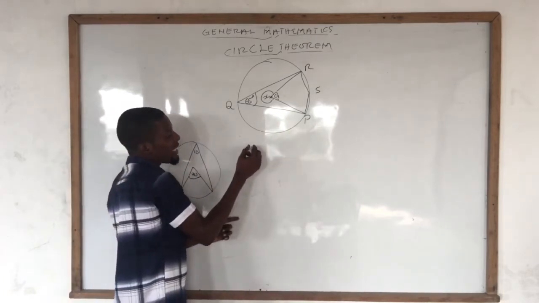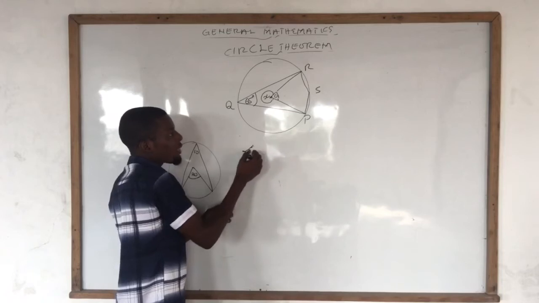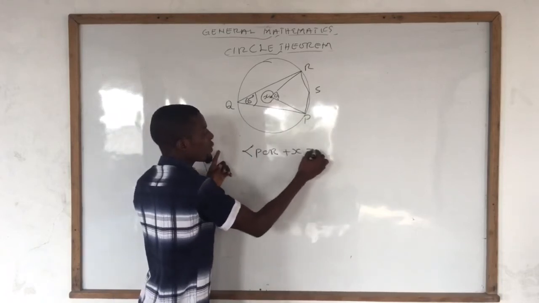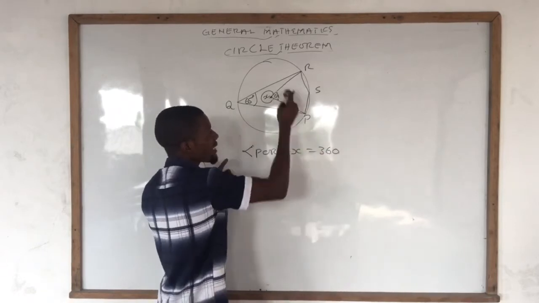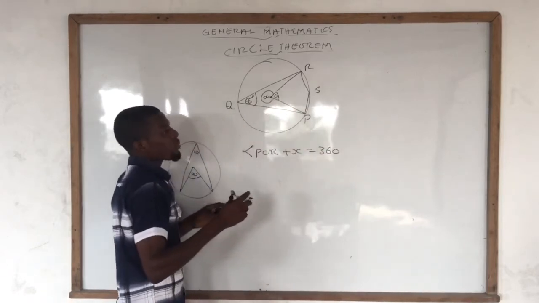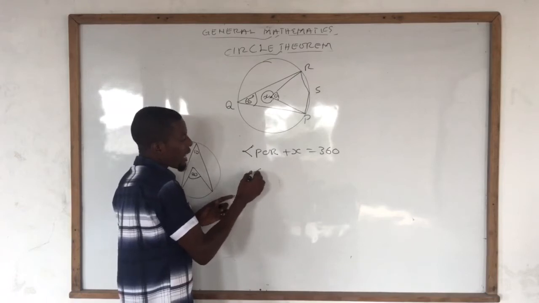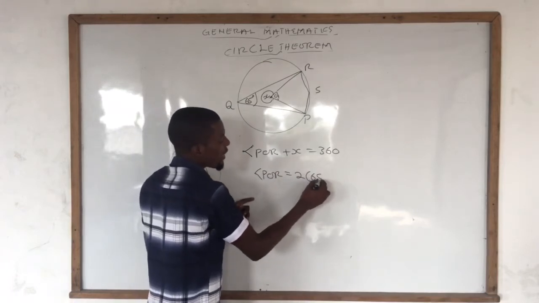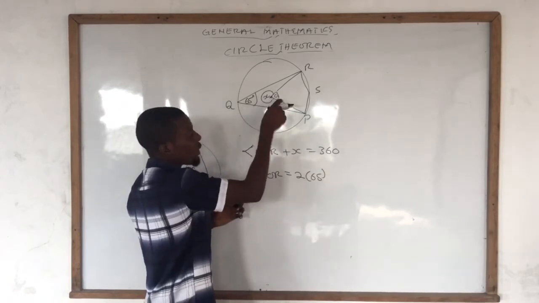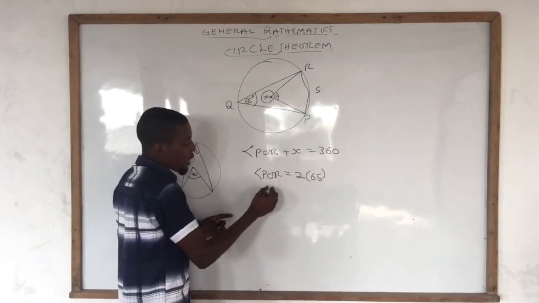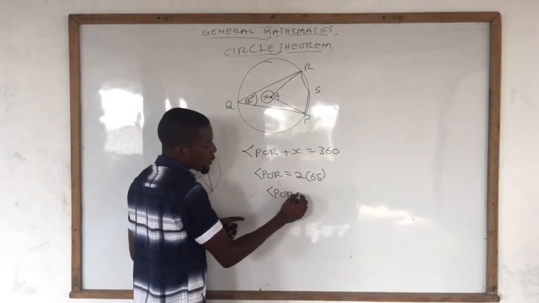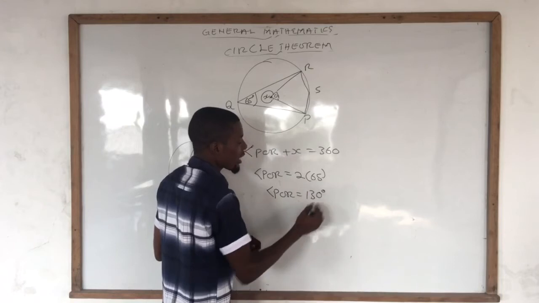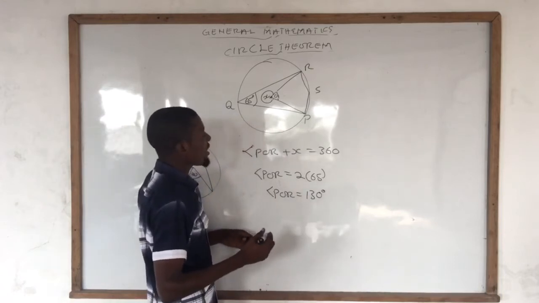So angle POR plus the value of X will give me 360, because it forms a circle. But we know that angle POR is equal to 2 times 65, because when I multiply this by 2, I get the middle angle. 2 times 65 gives us 130.